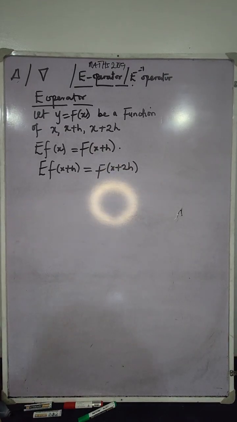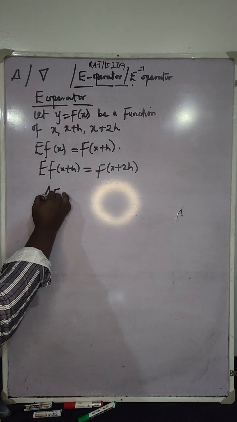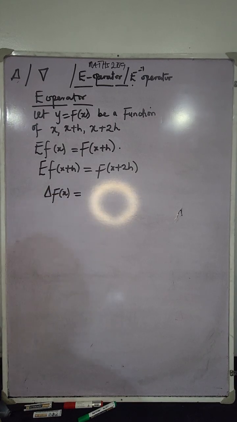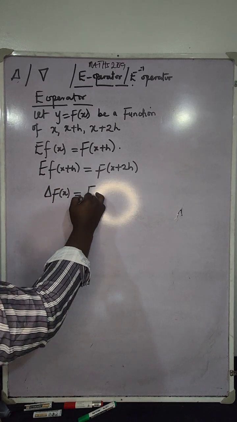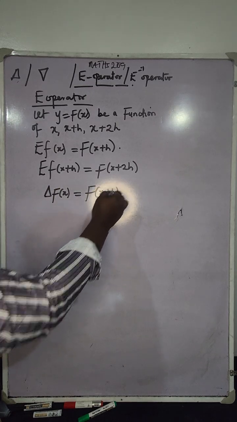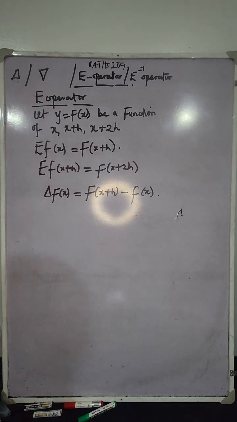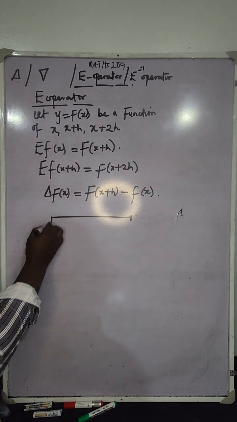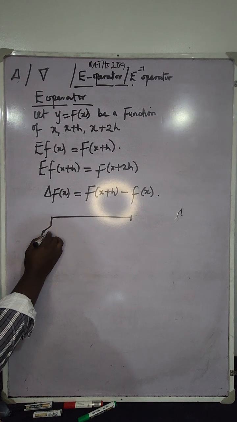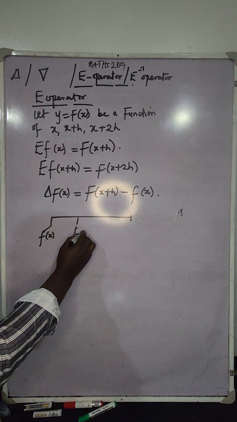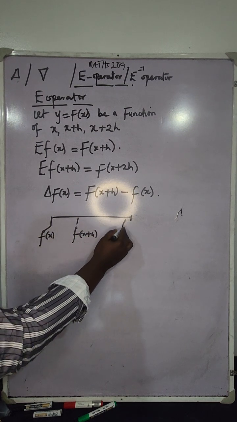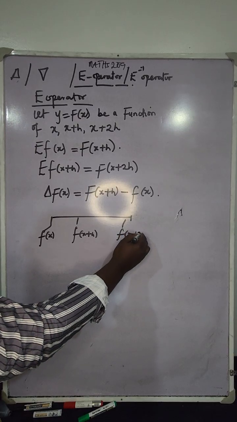Now let me explain. Remember when we said the forward difference of f of x, what comes to our mind? It is where we are going to, f of x plus h, minus where we are coming from. On a number line, this place represents f of x, this f of x plus h, this f of x plus 2h.